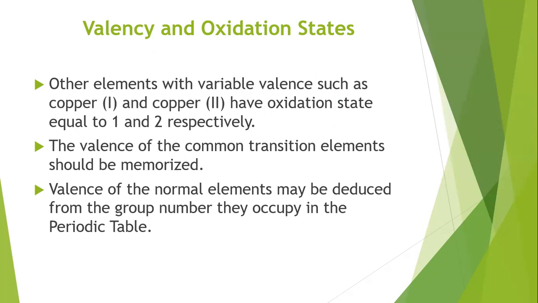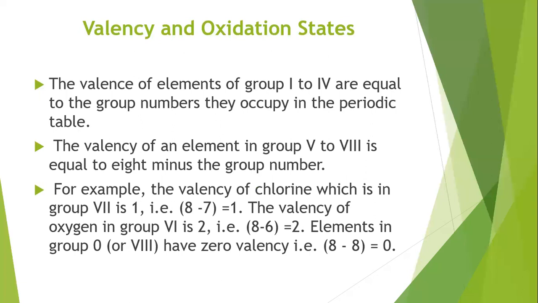Now, you have to note that the valences of the common transition elements should be memorized since they can differ from one another, and the valences of the normal elements may be deduced from the group number they occupy in the periodic table. The valences of elements of group 1 to 4 are equal to the group numbers they occupy in the periodic table.